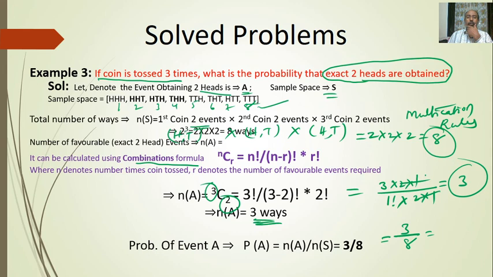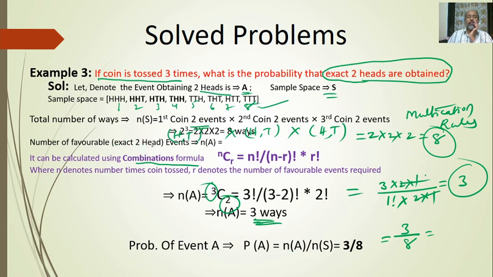So 2 power 3, since there are 2 events and we have 3 coins. So this is also called 2 power 3, 2 into 2 into 2. So 8 ways.